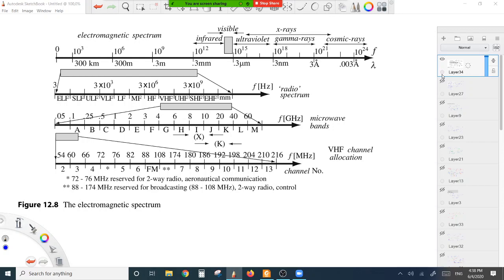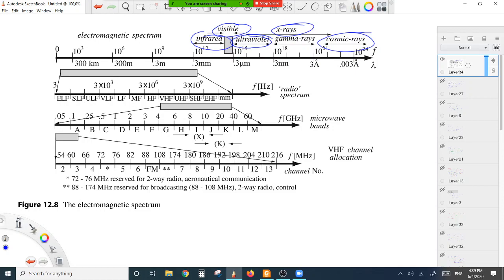The second thing that can be noted is that infrared light, visible light, ultraviolet rays, X-rays, cosmic rays, and so on are all electromagnetic waves.